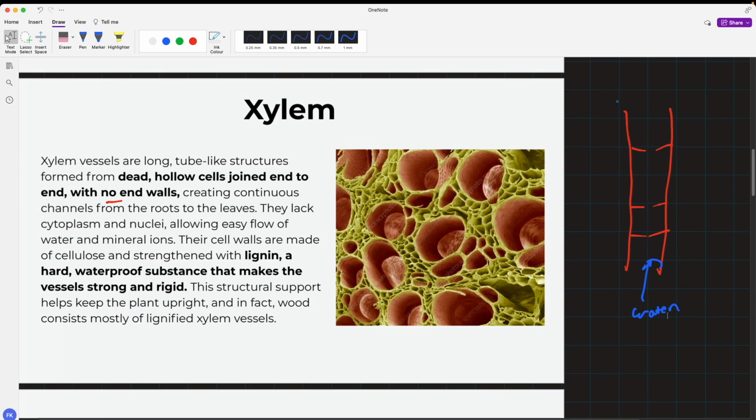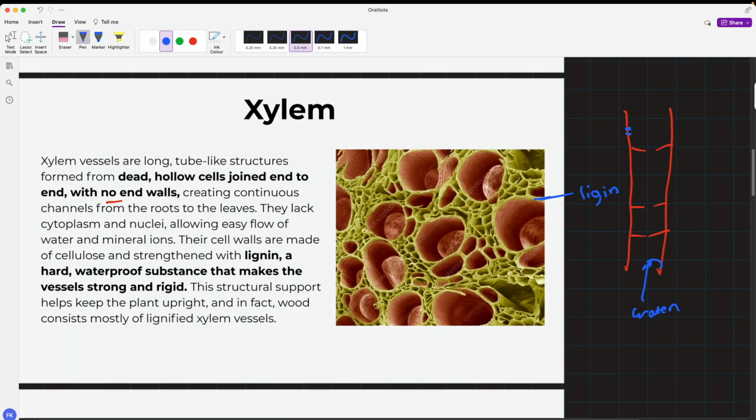However, one interesting part of xylem is that the vessels have a special substance known as lignin. What does lignin actually do? Lignin is a hard, waterproof substance that makes the vessel strong and rigid. Without the lignin, the vessel would collapse.